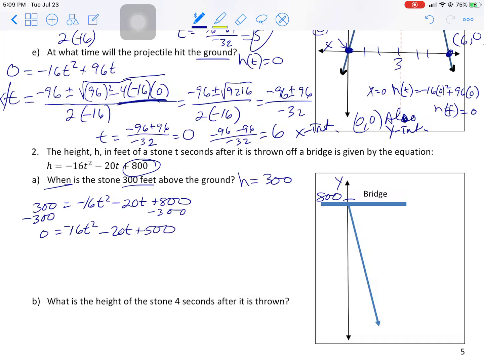Definitely want to do the quadratic formula for that. So t is negative b, so negative 20, over 2a, plus or minus the square root of negative 20 squared minus 4 times a times c.